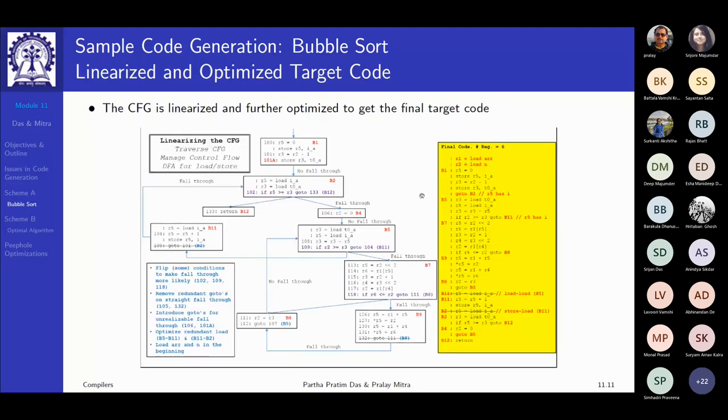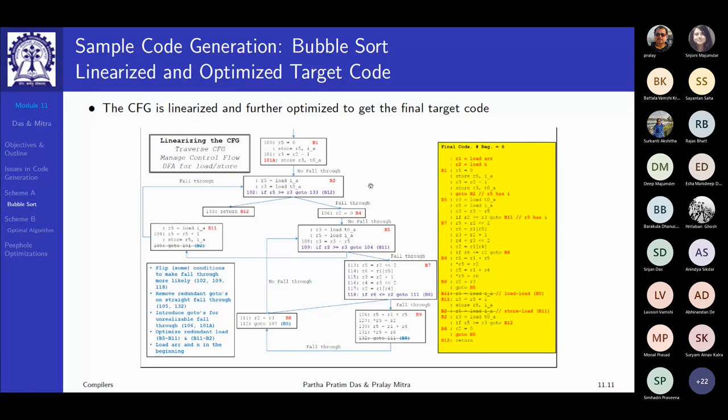So this is what is not shown in this code here. It comes from the assumption we had made. So these two red lines are loading the initial value of ARR, the base address, and the value of n into R1 and R2 respectively. Then you have block B1, which is straightforward. Then R5 store all this.